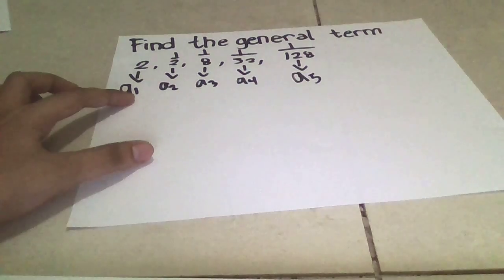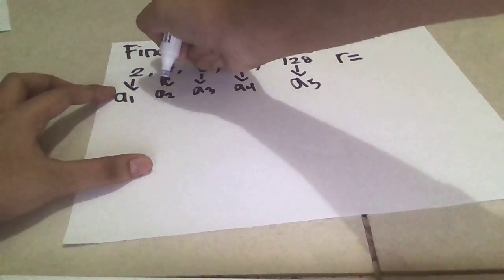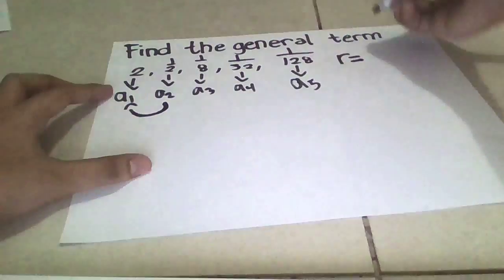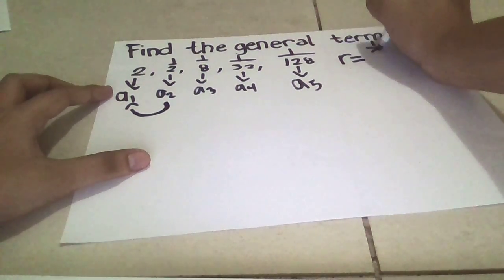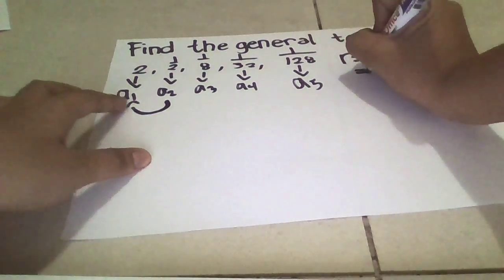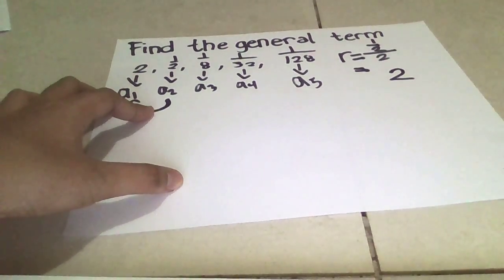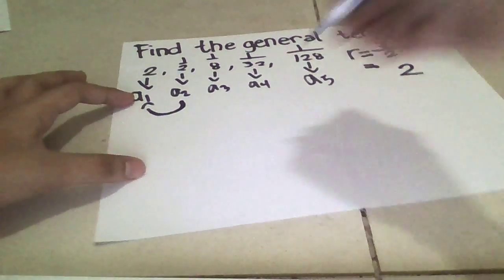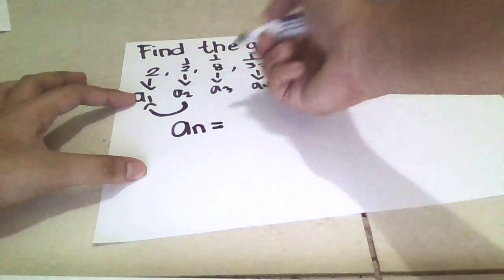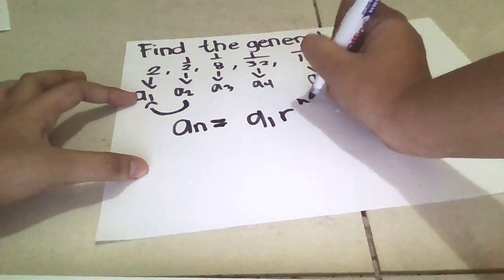Then you're gonna find the common ratio: second term over first term, so your r is 2. Substitute r in the general formula, a sub 1 r^(n-1).